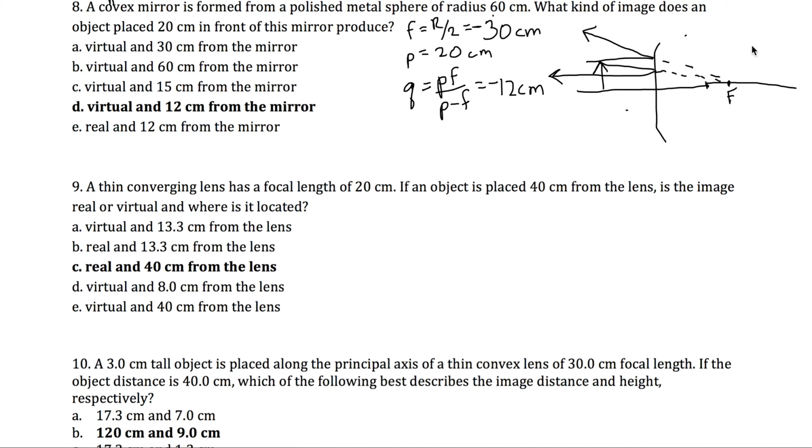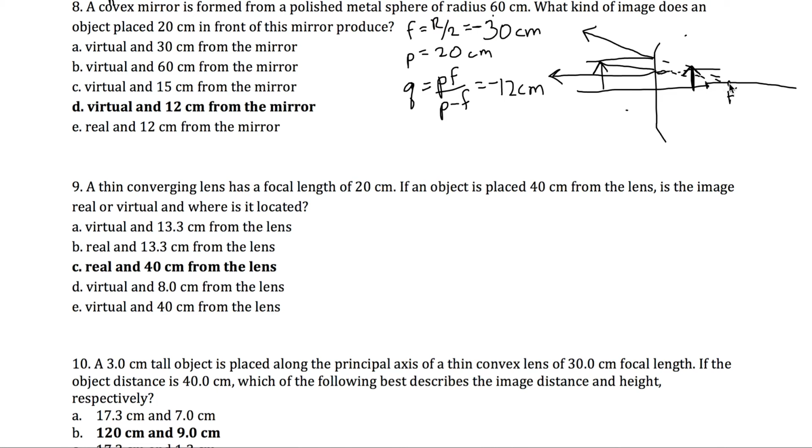I'm not going to draw the one going through the center because it's too messy when you do rough sketches. But as a rough sketch, if we trace these two rays back, we're tracing this one straight back here, and we're tracing this one. You can see that we get an image formed right here.